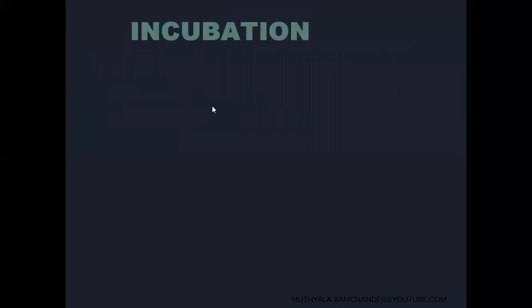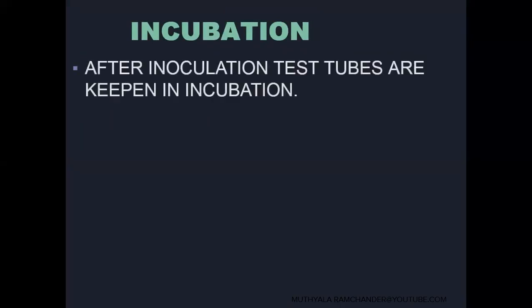After inoculation comes incubation. Incubation means after inoculation, the test tubes are kept in the incubation room. Not only test tubes, but conical flasks, beakers, and different types of glassware are used for tissue culture procedures. The test tubes with the inoculated explant and nutrient medium are kept in incubation.